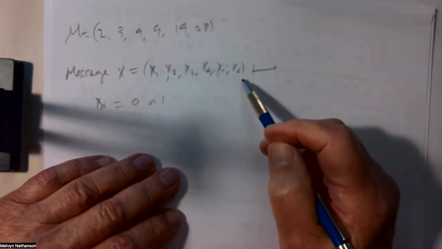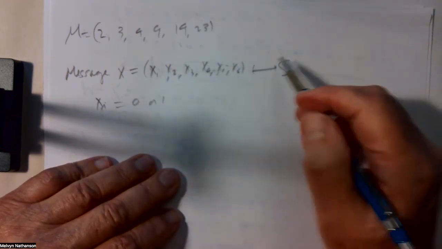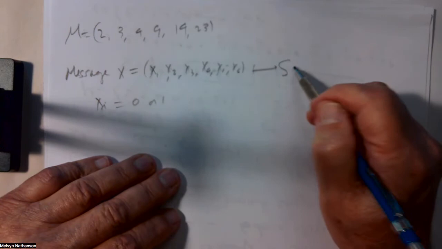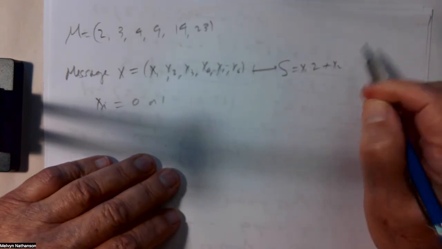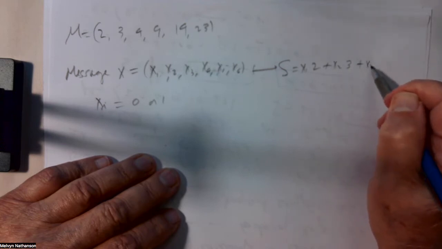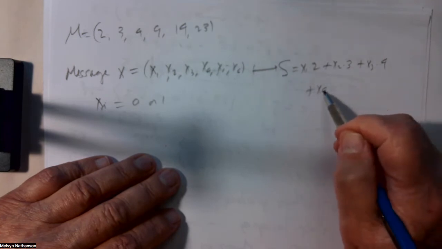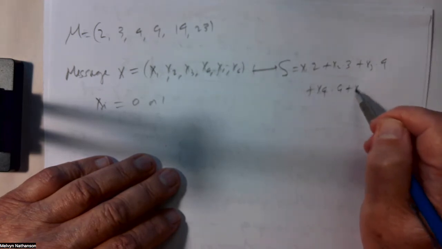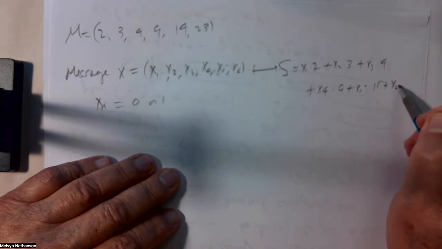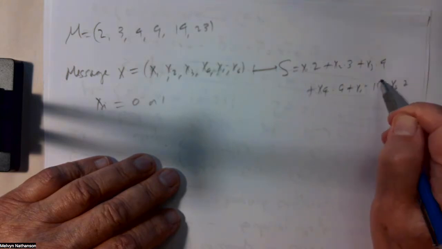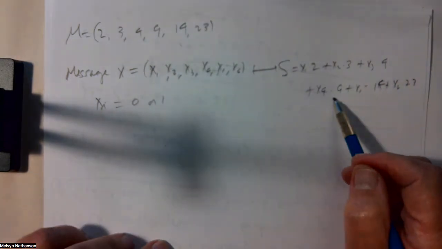Corresponding to this sequence, I take the sum S, which is X1 times the first number, X2 times the second number, X3 times the third number, X4 times the fourth number, X5 times the fifth number, and X6 times that's a 14, times 23. So this is some number, it's a subset sum.